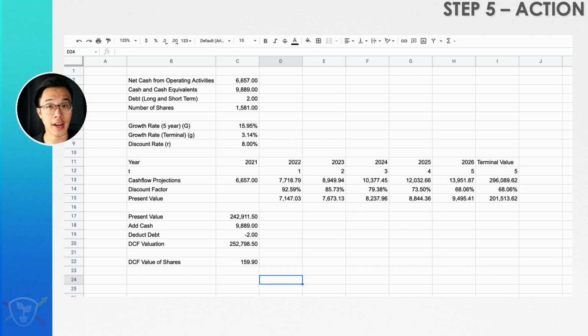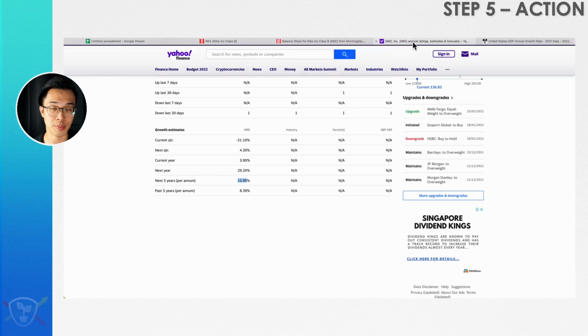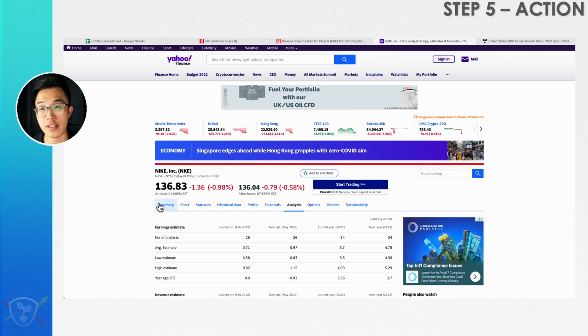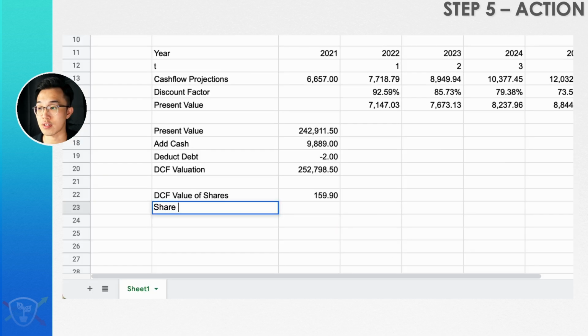So based on the selected parameters, we see that the DCF value of Nike is around $160 per share. As of yesterday's market session, we see that Nike was closed at around $136.83. So let's just take this number and put it into right here.